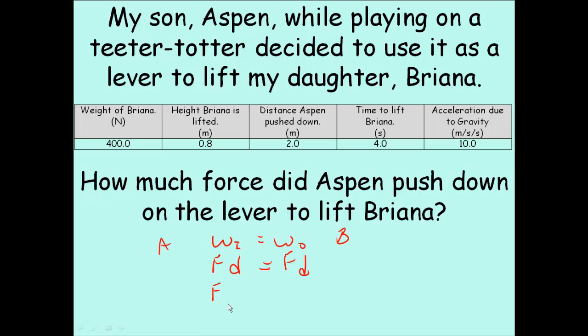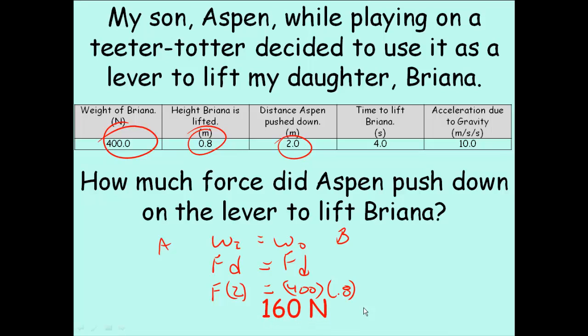We're looking for the force Aspen pushed down. What distance did he push down? 2. He has to lift Brianna's weight. So this is 400. And Brianna was lifted 0.8 meters. Now it's just solving for F, and you get 160 newtons.